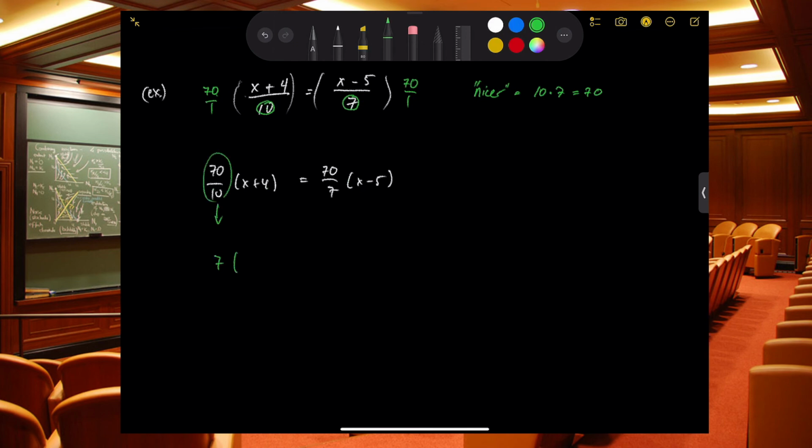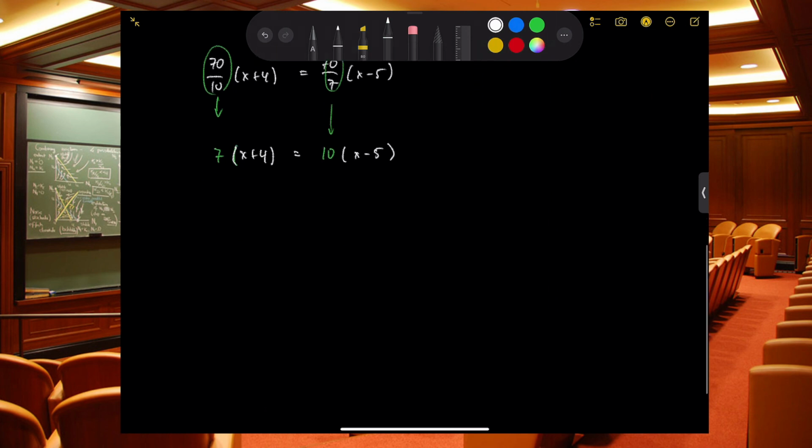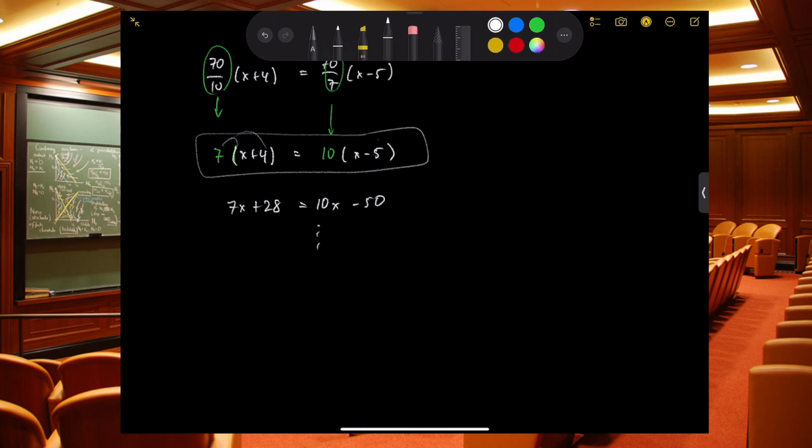It's just 7 times x plus 4. 70 over 7 becomes 10. And then from here, same thing. Distribute to ungroup. And then solve for x without fractions, because now you've got some nicer stuff to work with.